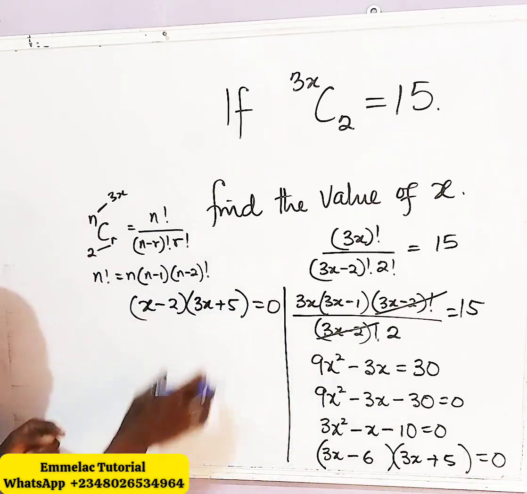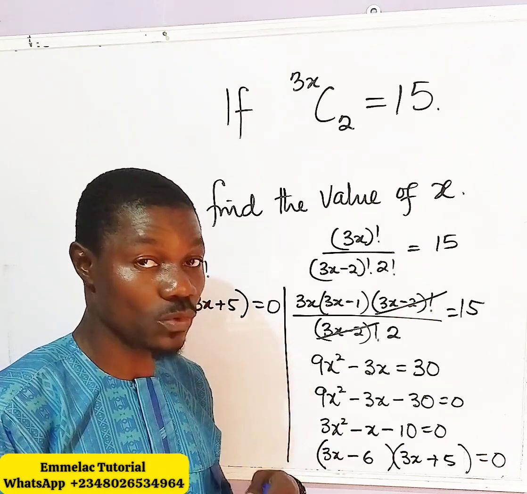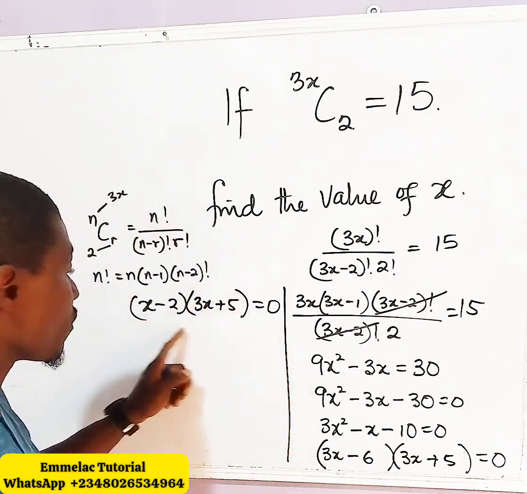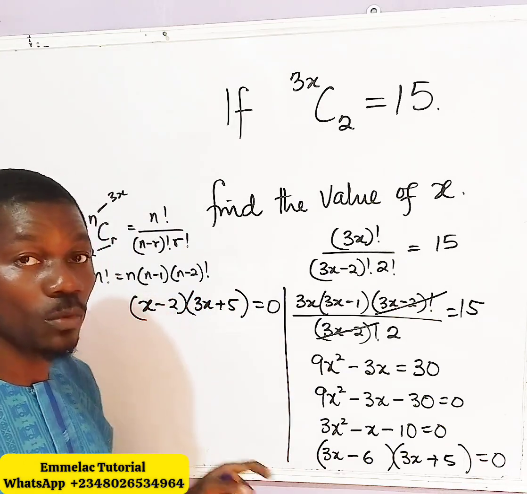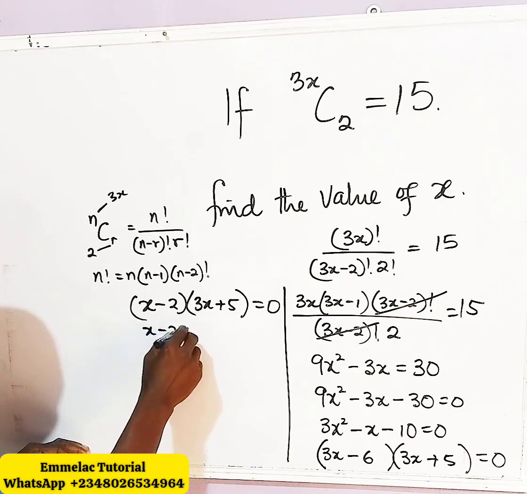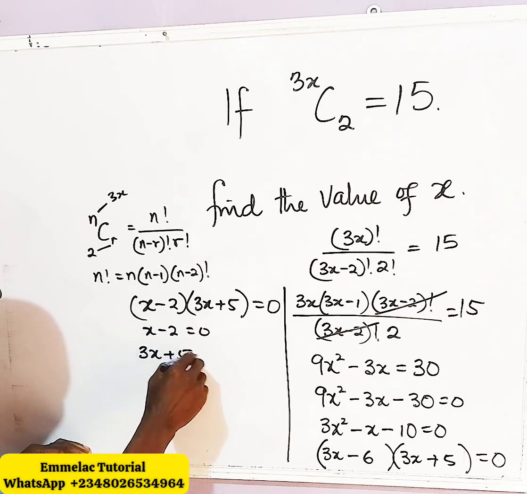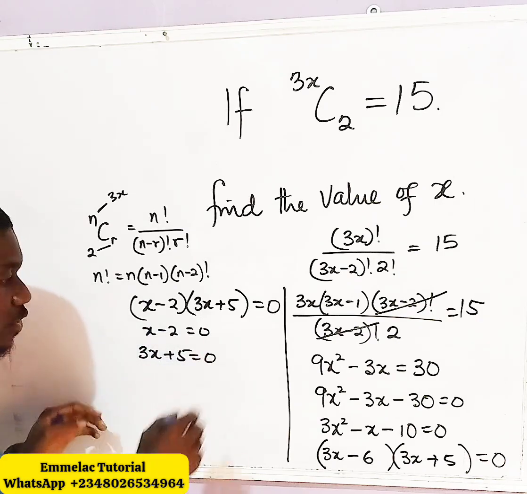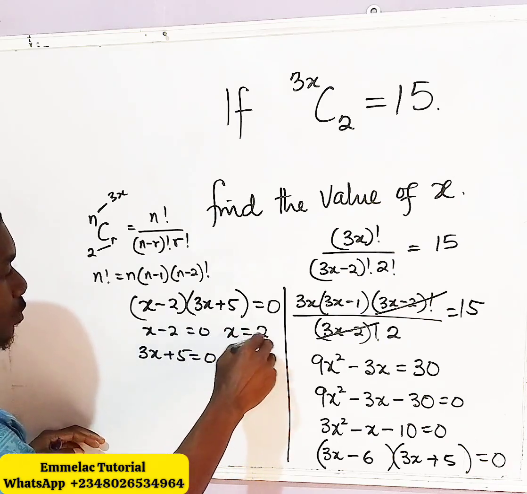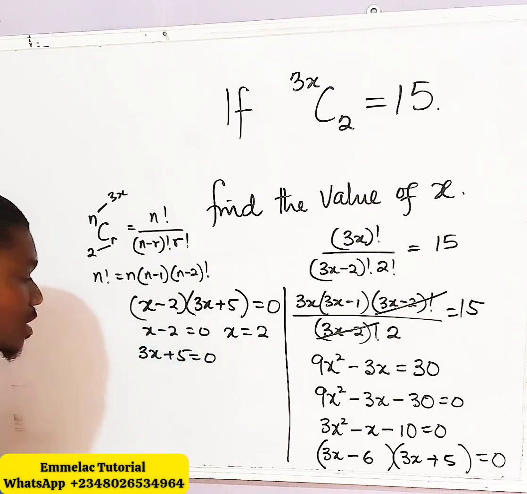Now, since these two terms equal 0, it implies that either of them is 0, or both of them are 0. So here we have x minus 2 equals 0 and 3x plus 5 equals 0. In the case of the first one, x equals 2, because if you add 2 to both sides, you get our answer.